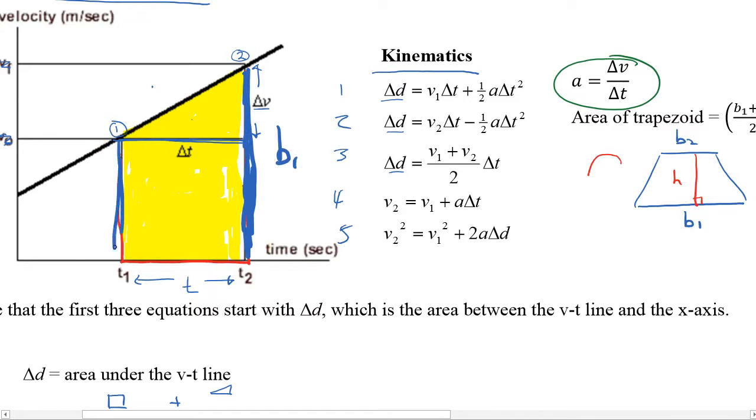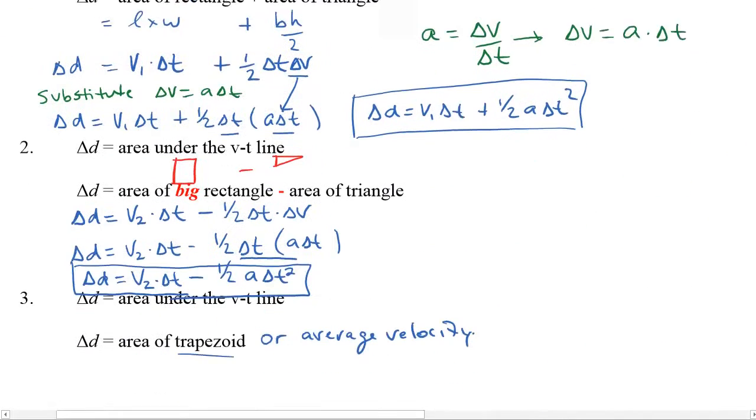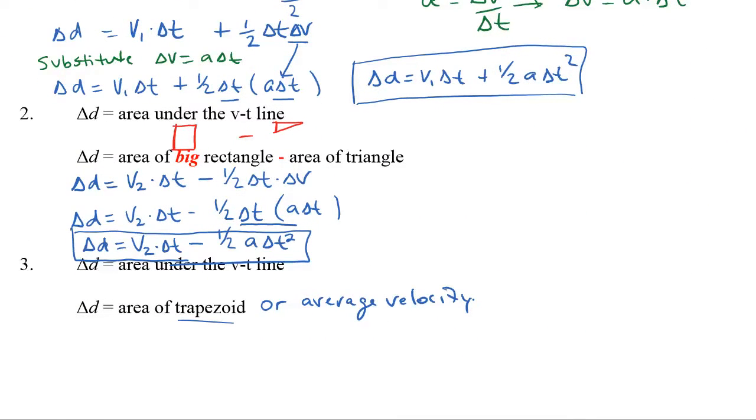And then here is the other base, B2. And then this section here would be my height. Okay, so if you imagine this thing and you rotate it, here's one base and here's the other base, and then there's the height. So if you consider it that way, the area of the trapezoid becomes very simple right away.